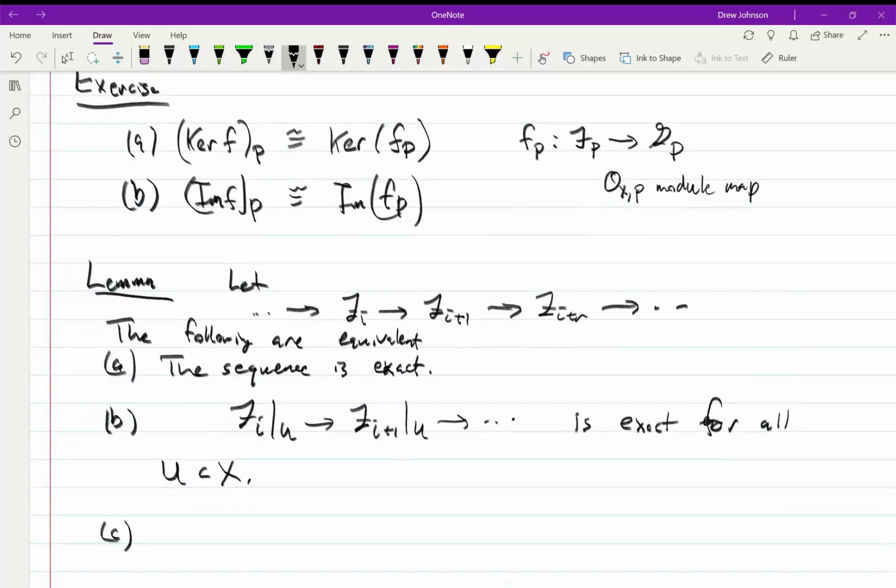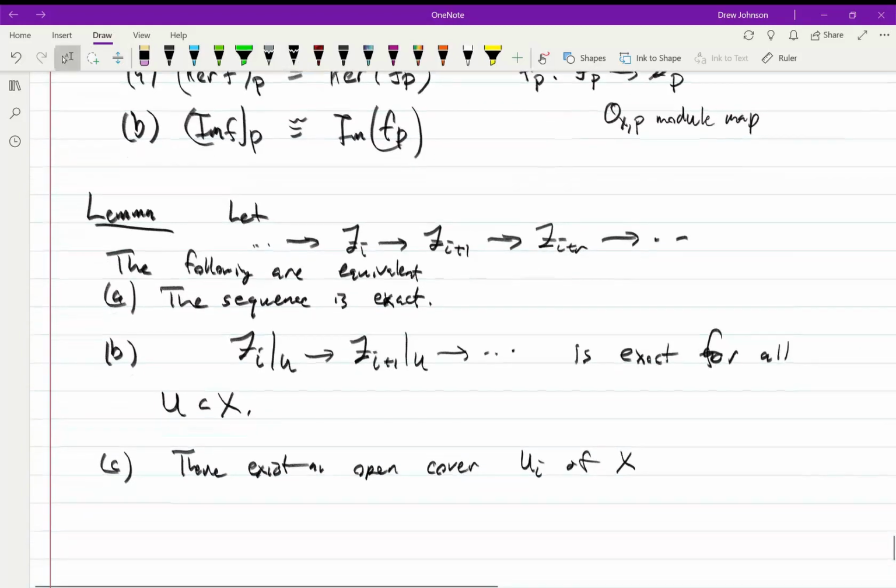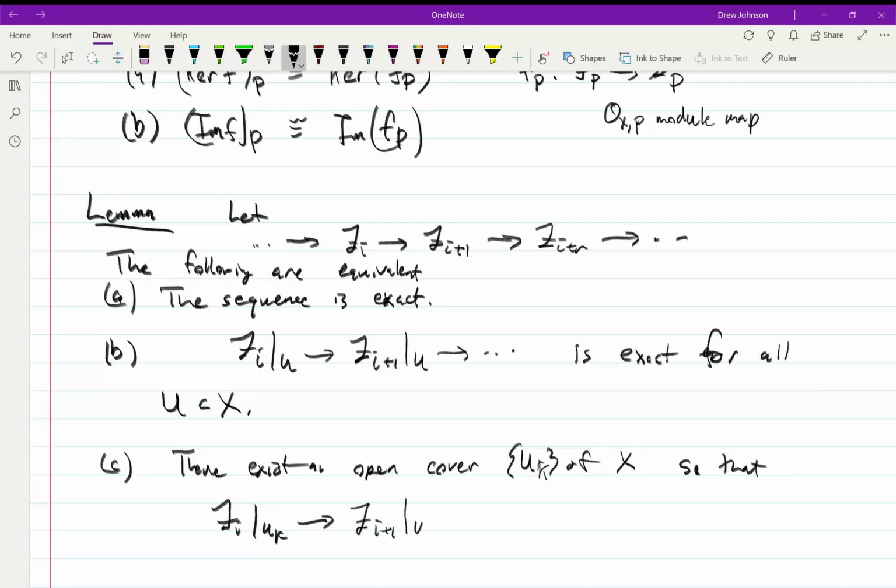Or in fact, you just need an open cover, so that F_i restricted to U_k, then the sequence restricted to the open cover is exact.